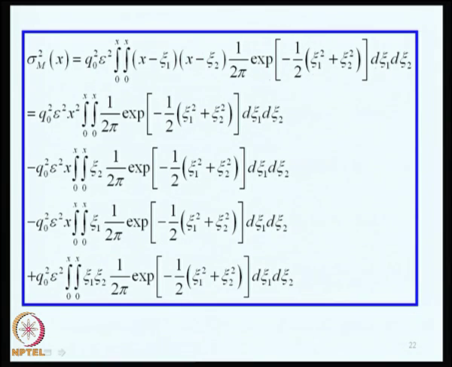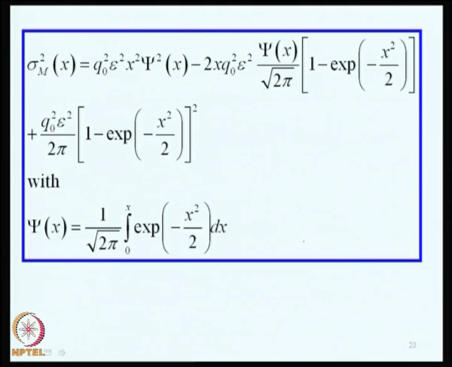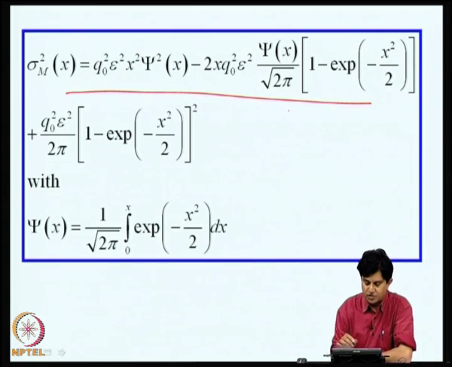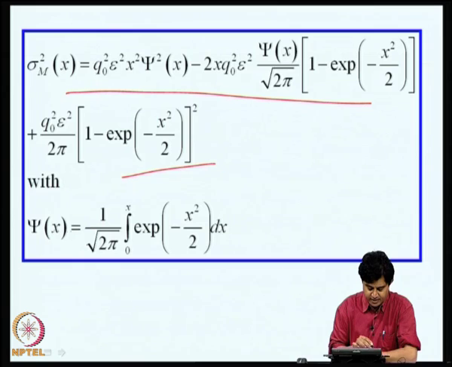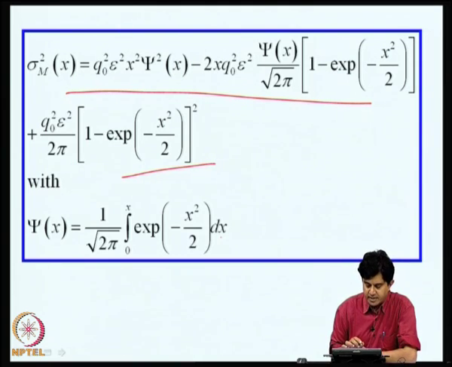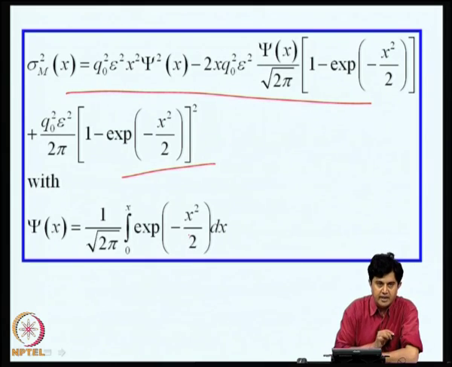If we do this, there are various terms, we will get these 4 different terms. This is straightforward, you can check if these are right. Then if you simplify, the variance of bending moment is given through this expression, where capital psi of x is the Gaussian integral 1 by square root of 2 pi, 0 to x, e raised to minus x square by 2 dx. So, the applied load is a non-stationary random process, and we are able to get the variance of the bending moment at any point x.